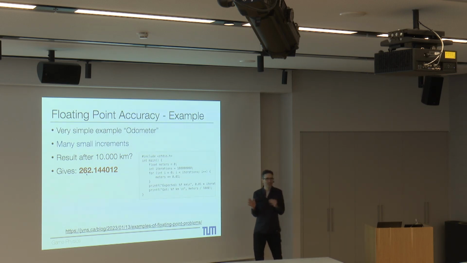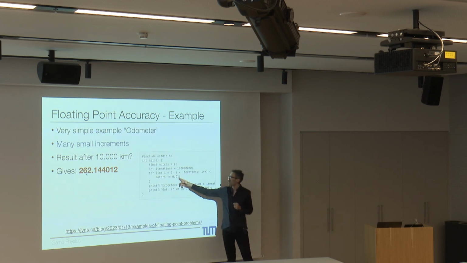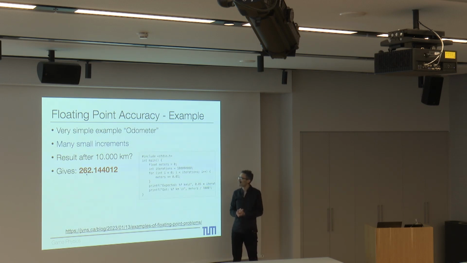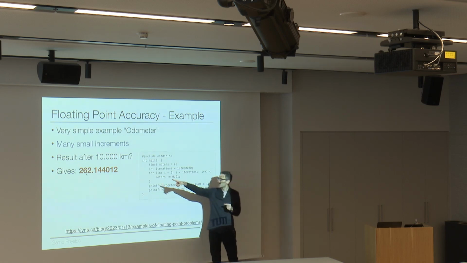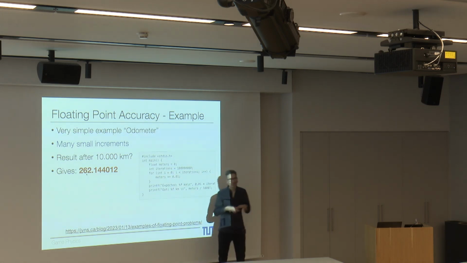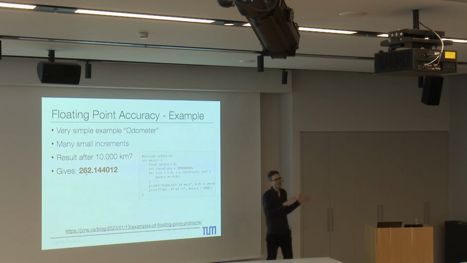So if we're only adding up many numbers on a certain scale, then this might work nicely. But as soon as these numbers accumulate and the main number, in this case the meters, moves to a different region that's far enough away, then the changes are truncated.